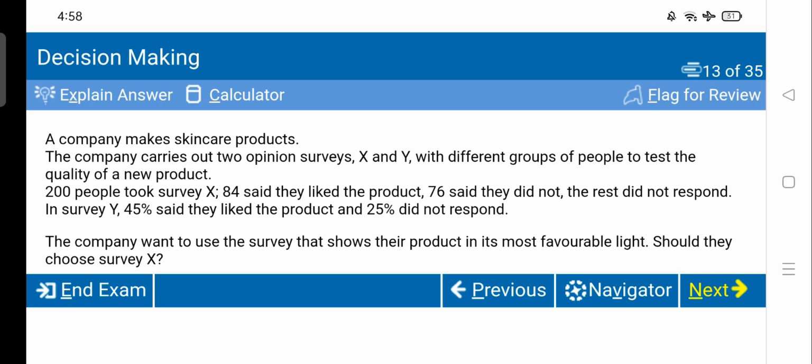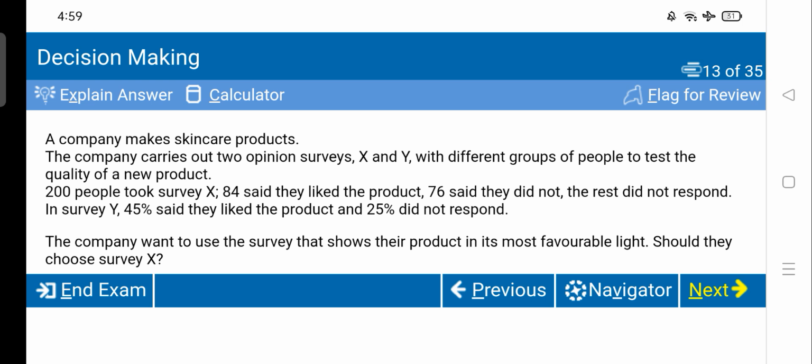Next question we have: a company makes skincare products. The company carries out two opinion surveys, X and Y, with different groups of people to test the quality of a new product. 200 people took survey X. 84 said they liked the product. 76 said they did not.